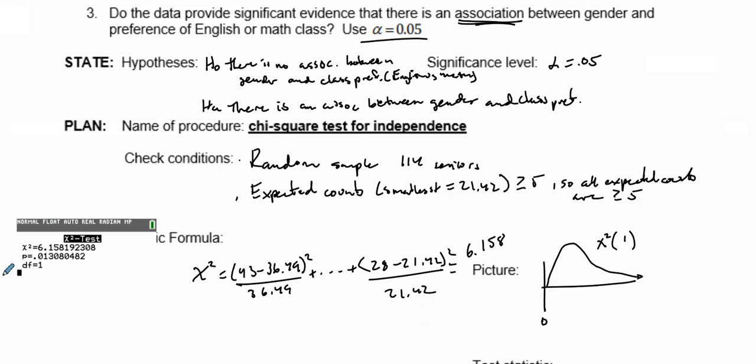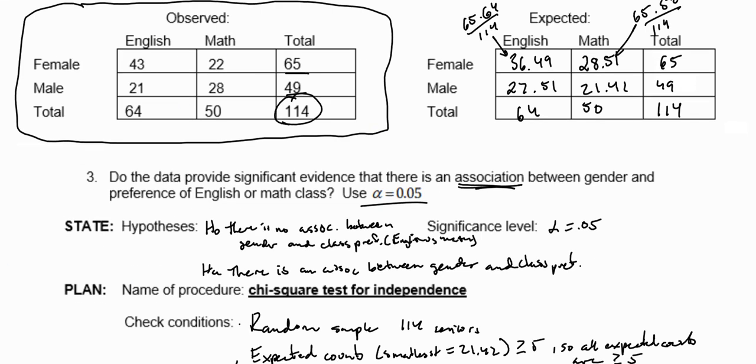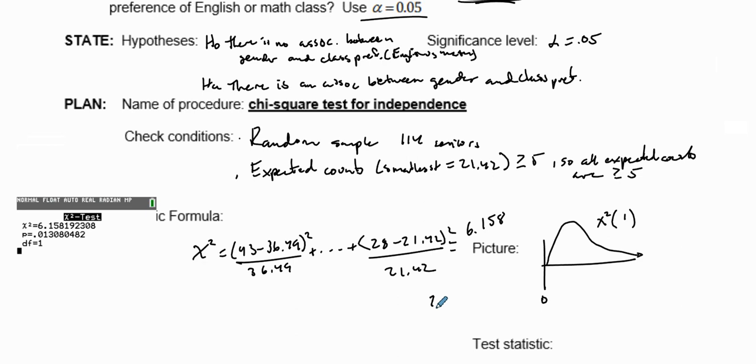Well, if you recall, our rows, which are 2, minus 1, times 2 minus 1, equals 1, and that's why our degrees of freedom are 1. So our chi-squared statistic is 6.158, and what we're trying to figure out is the probability that this will actually occur.